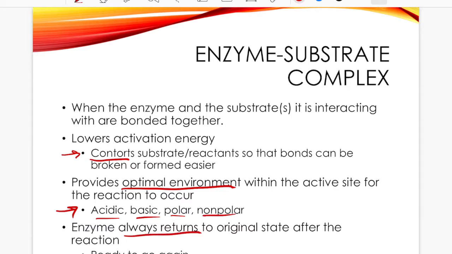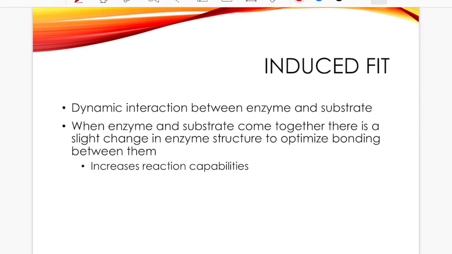So they'll pop out those products, and they're ready to go again. They're ready to take in a new substrate. So that is a characteristic of catalysts. Catalysts will speed up the chemical reaction, but they are not themselves changed. They only allow that reaction to occur faster.